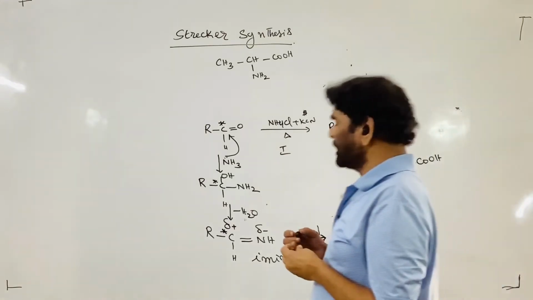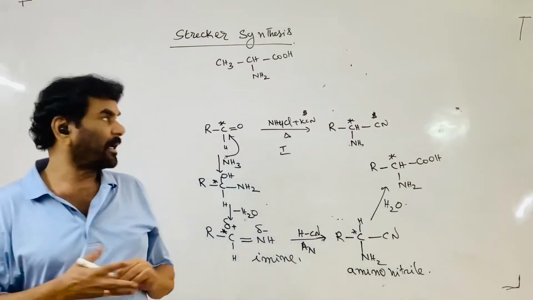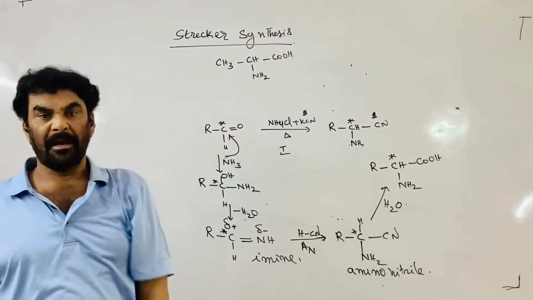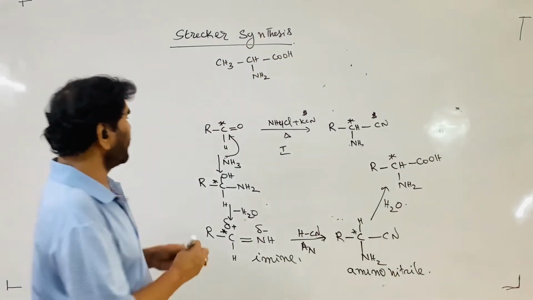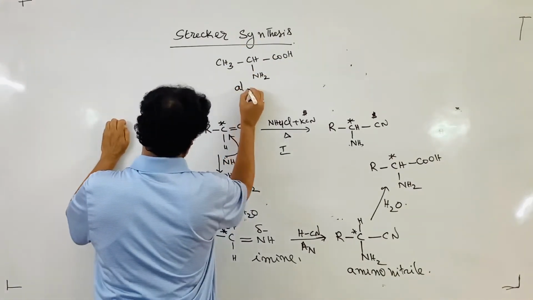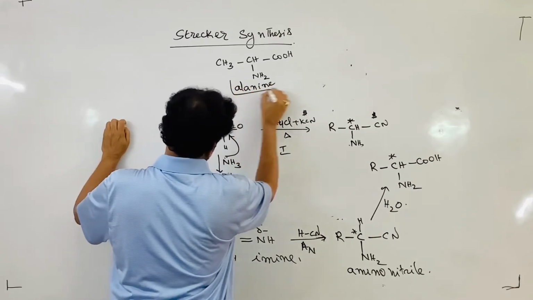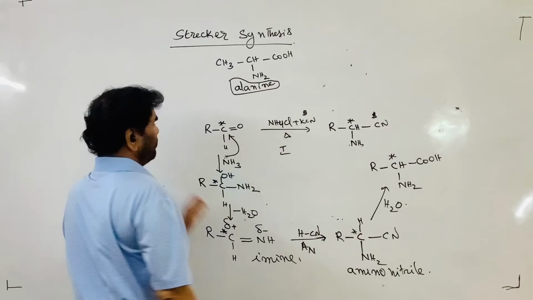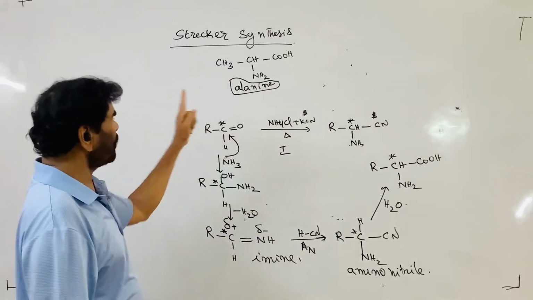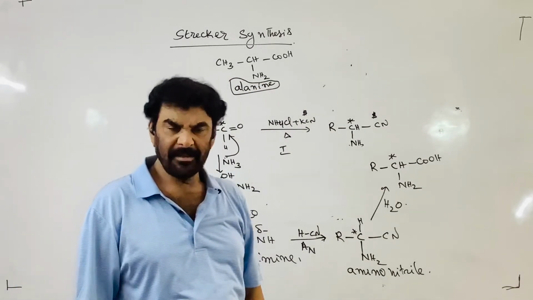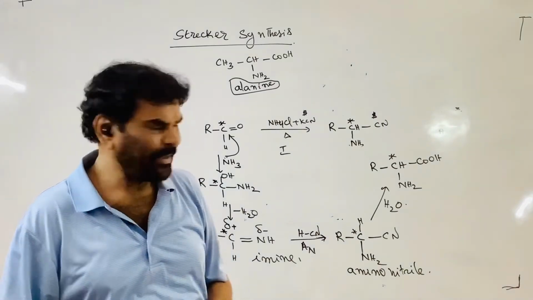The IUPAC accepted those names. So it's alpha aminopropanoic acid according to the IUPAC, but it is called alanine, an important alpha amino acid. See how to prepare this. By using Strecker synthesis, we can prepare.